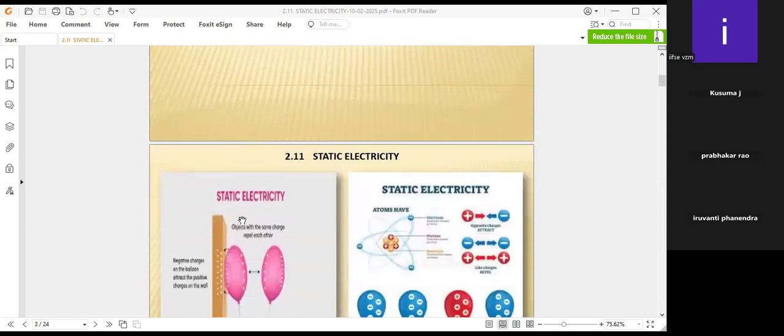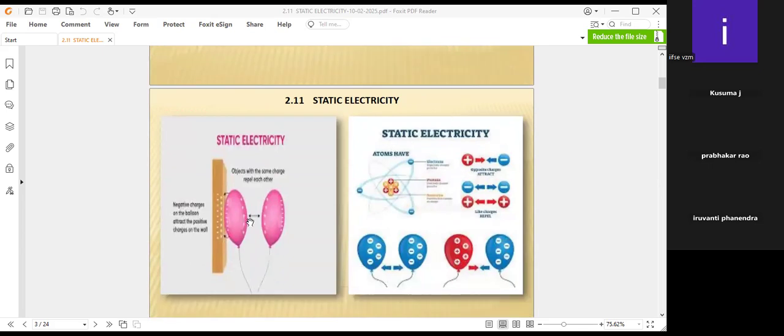Coming to this introduction part on static electricity, there are two balloons. Definitely there is some electric charge in the air when you push the balloon. The two balloons have neutral charges, positive and negative. When they come close to the wall, there is a rearrangement of the positive and negative charges, and the negative will be attracted towards the positive of the balloon.